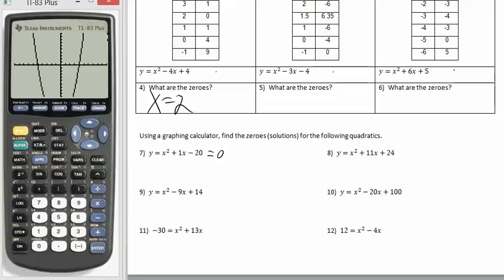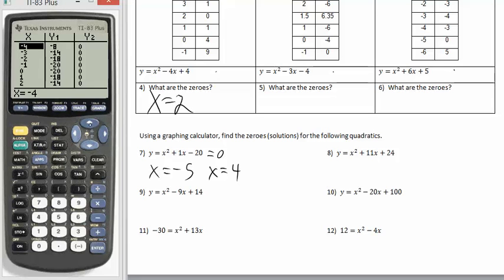So here we go to our graph, and we can look on our graph and see that our solutions are at x equals -5 and x equals 4. Okay, and if we go on our table, we can find those same values by finding when y is equal to 0, so at -5 and at 4.